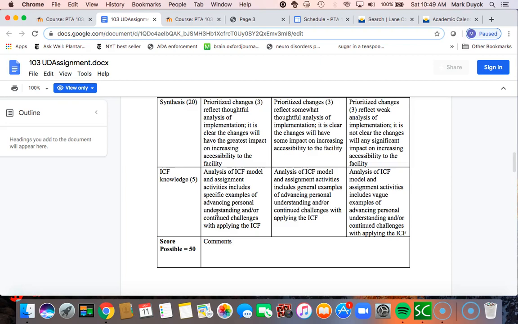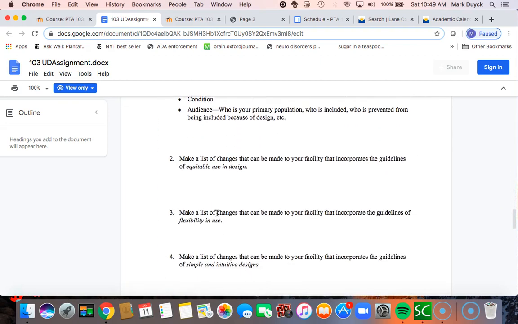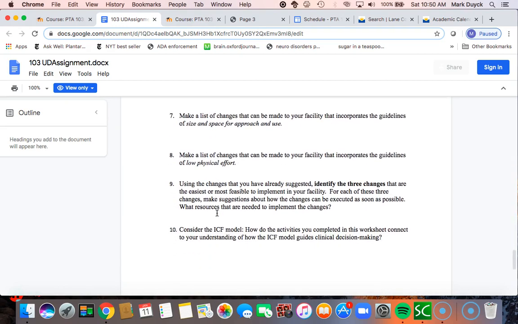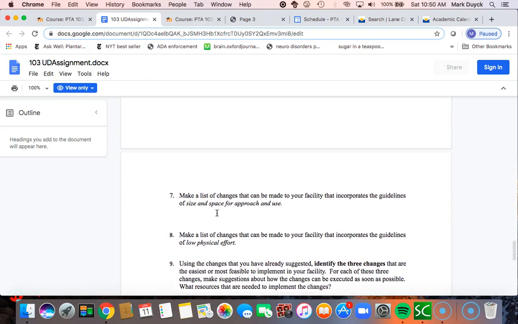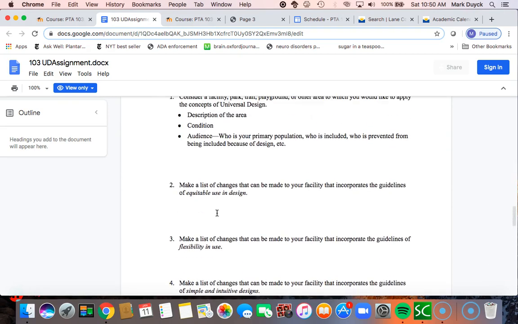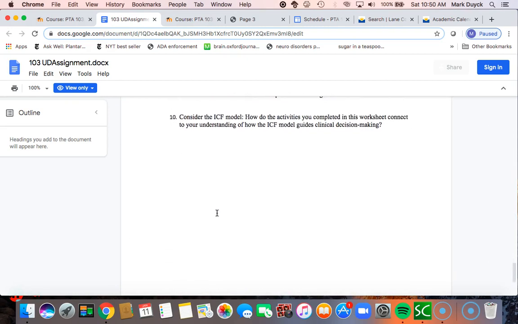How can people participate and how can they not participate? Using that ICF framework language is really important. It's worth 5 points. This walks you through the 7 universal design principles, and then you have some other supplemental questions as well. So use that guide as you go along.